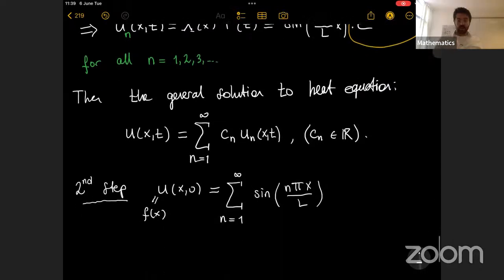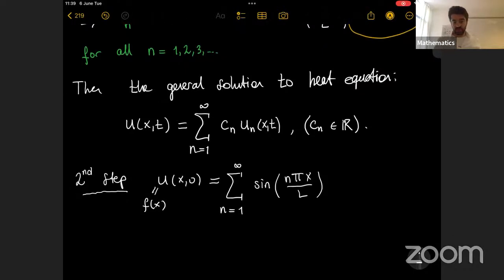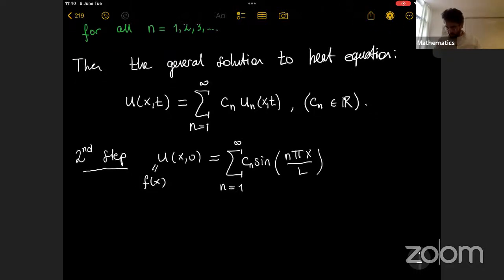Okay. Now we will find the one which satisfies the second initial condition. Remember, there is c_n here, so you will find c_n. How do you find c_n? c_n is the Fourier sine coefficient of f, right?